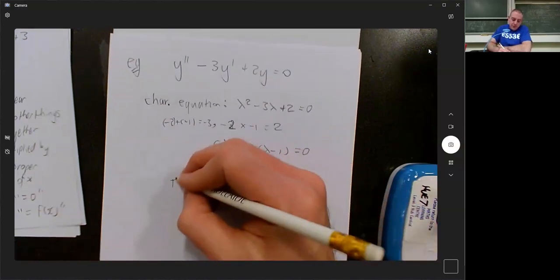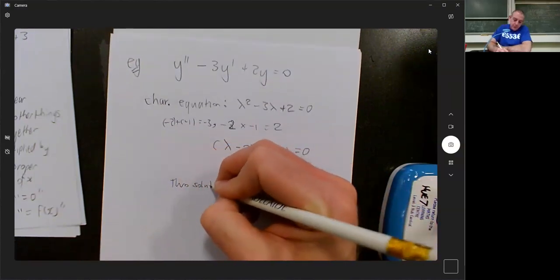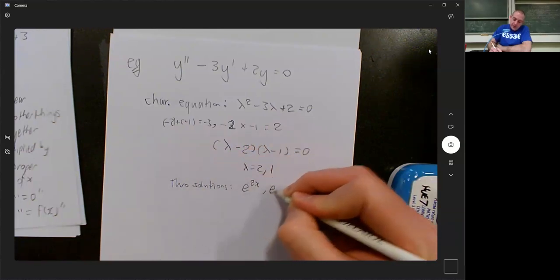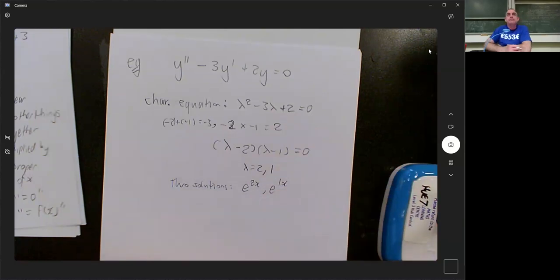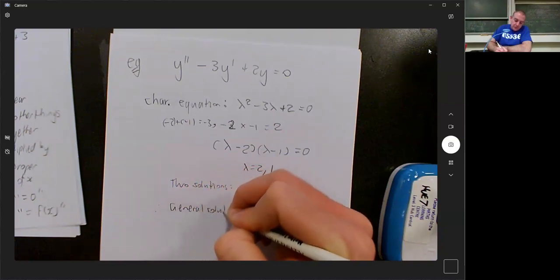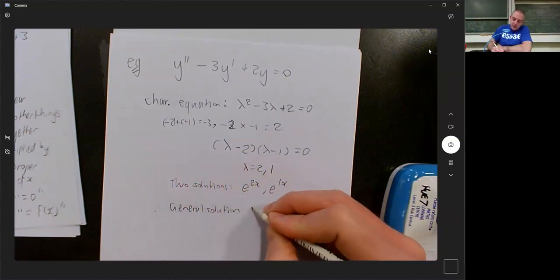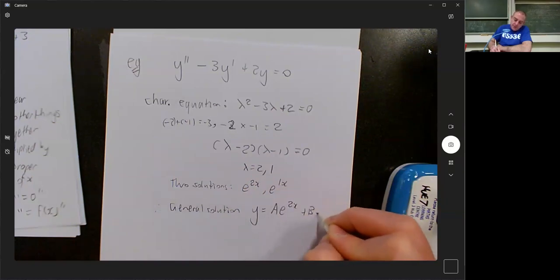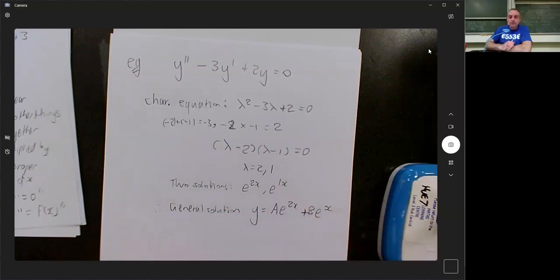And therefore two solutions are e to the 2x and e to the 1x. And so therefore the general solution, or if you like all solutions, is something times e to the 2x plus something times e to the x. Yay! That's it. That's the end.